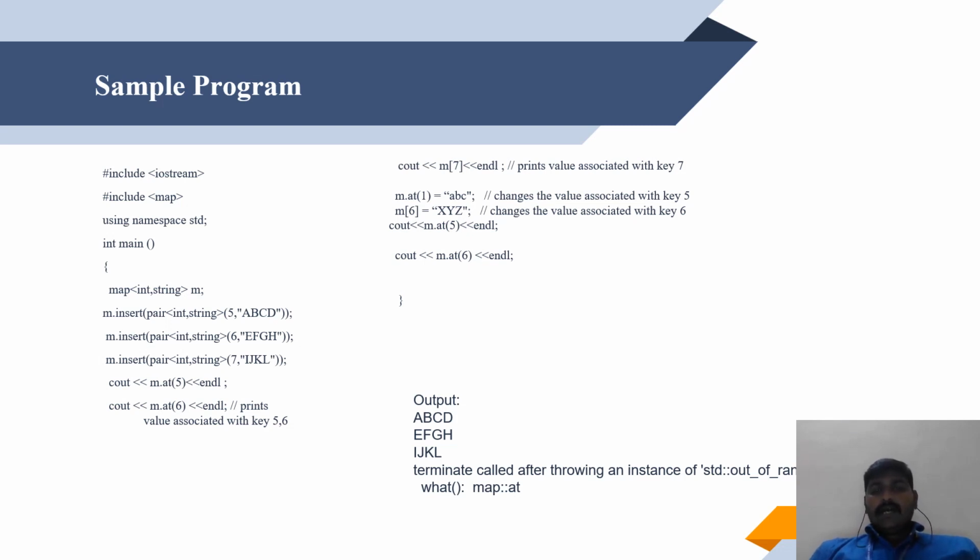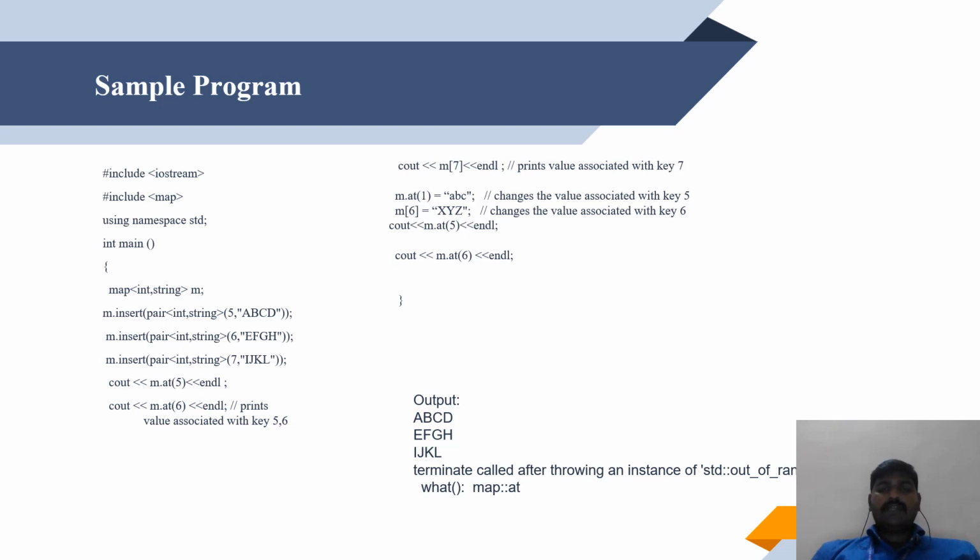And I just want to make some changes. Okay, change the value associated with the key. So I'm mentioning here m at 1 becomes ABC. So instead of ABCD, I'm making it ABC. Similarly, if you want any other changes, you can change it. Okay. So I'm just printing it. See, this is the output.